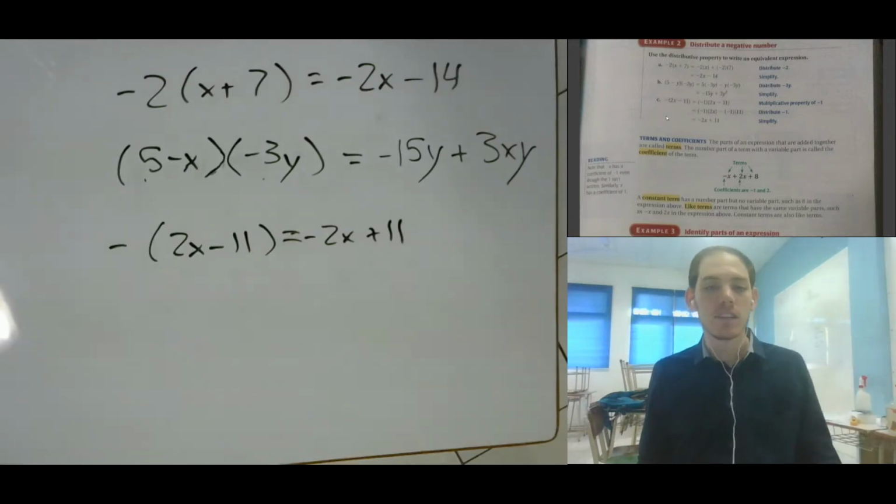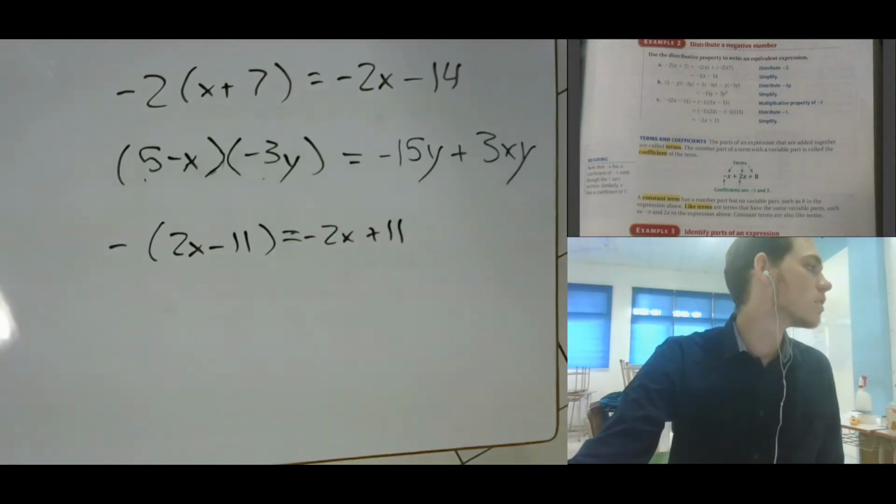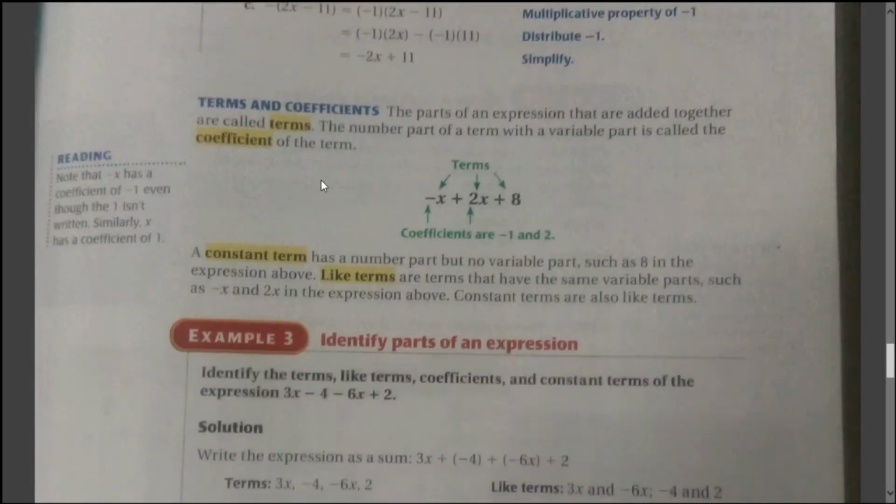Okay. Now, if you want to look, let's open the book so that it's large. Okay. If you notice, we have terms, coefficient, constant terms, and like terms, okay? Terms are going to be each thing that's separated by an addition or subtraction, okay?